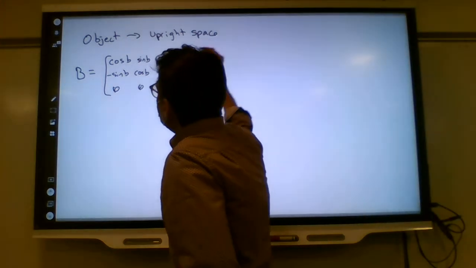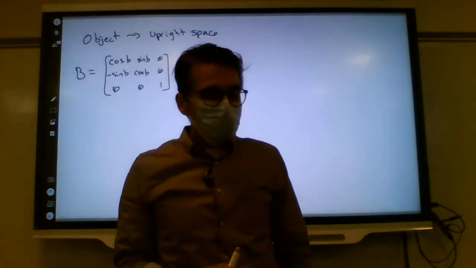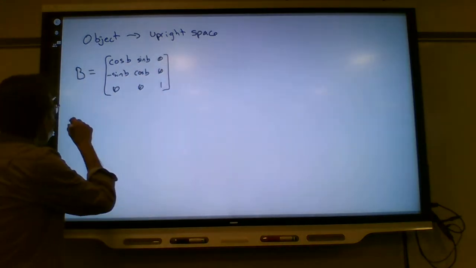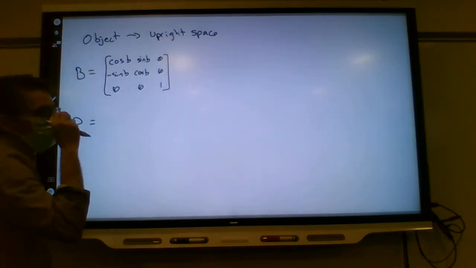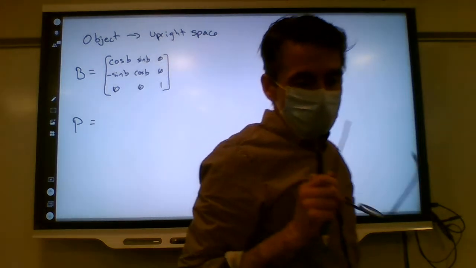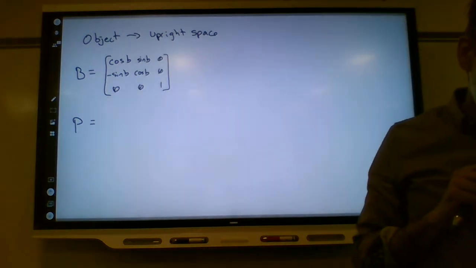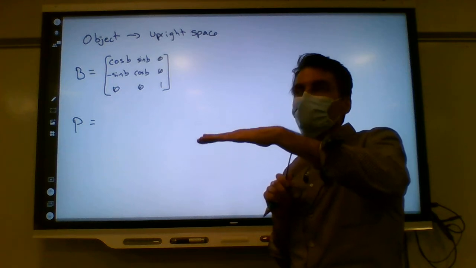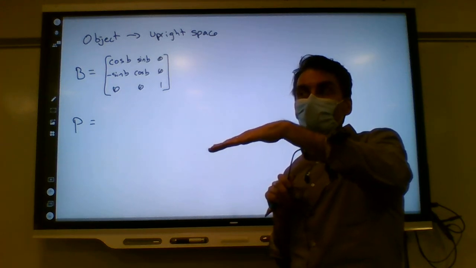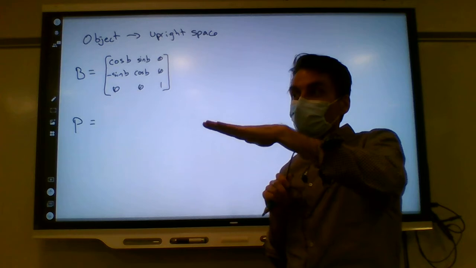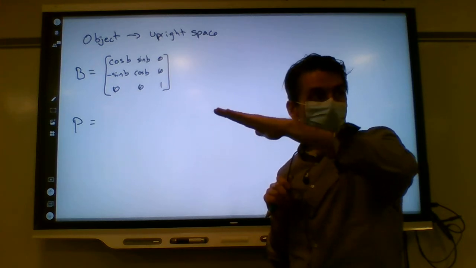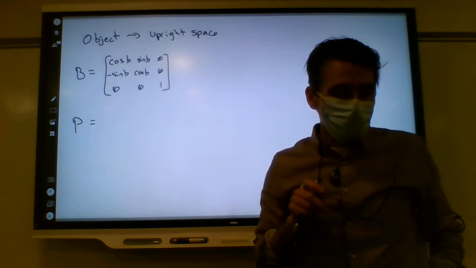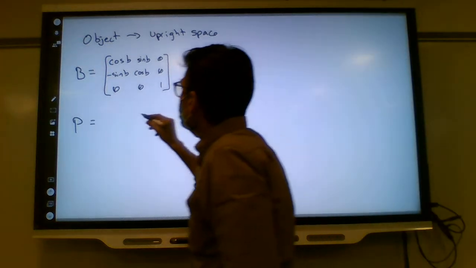The matrix for pitch, we're revolving about which axis? Pitch is this way. So that's the x-axis, where the revolution is happening in that direction. So what do we have?